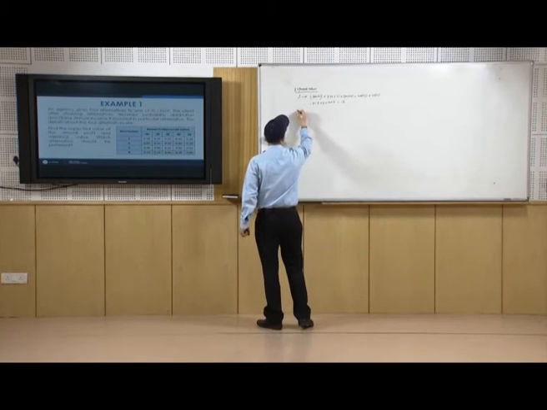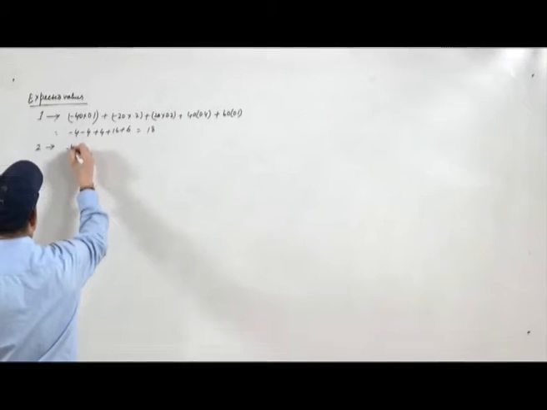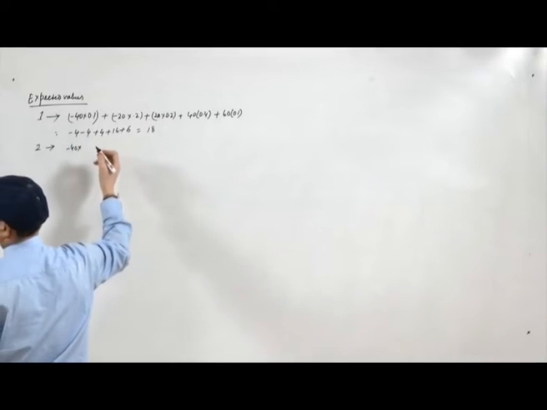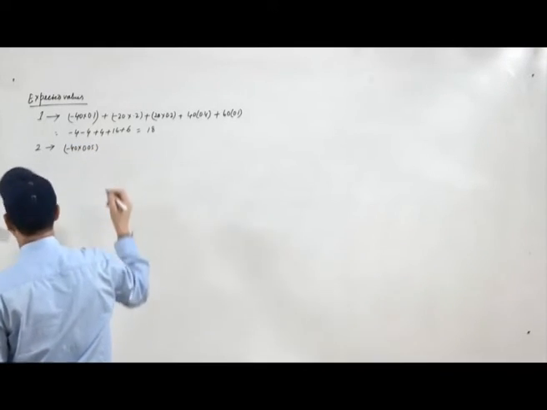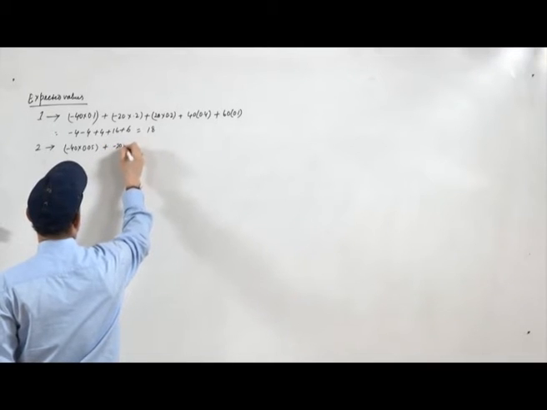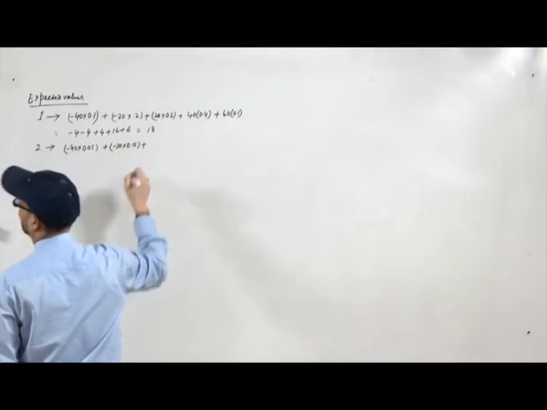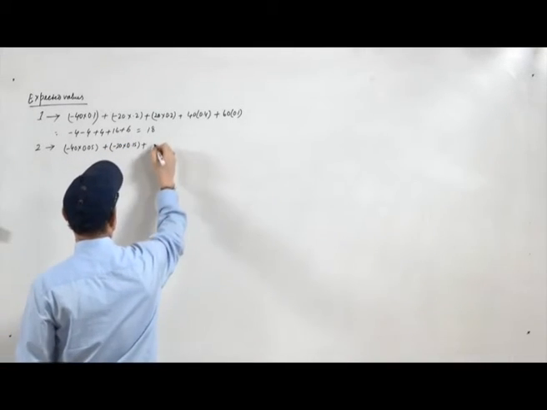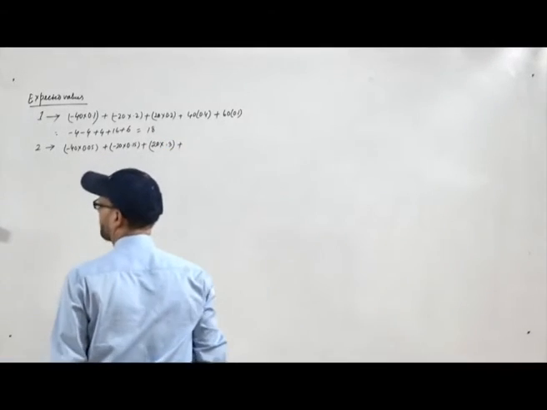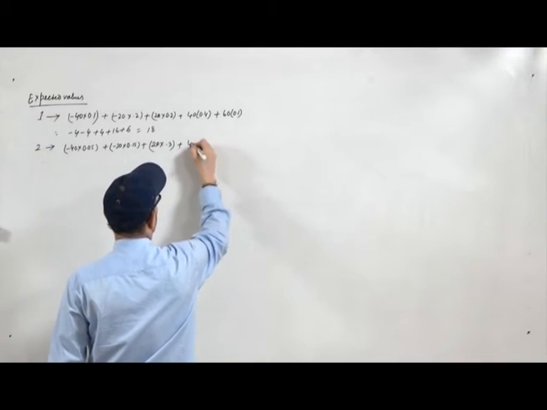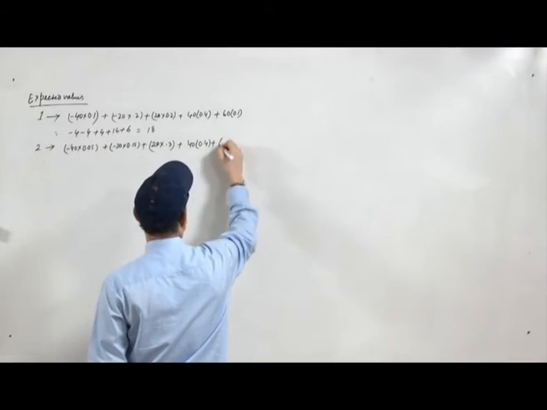Similarly, for 2, if we compute, the expected value will be minus 40 multiplied by 0.05 plus minus 20 multiplied by 0.15 plus 20 multiplied by 0.3 plus 40 multiplied by 0.4 plus 60 multiplied by 0.1.